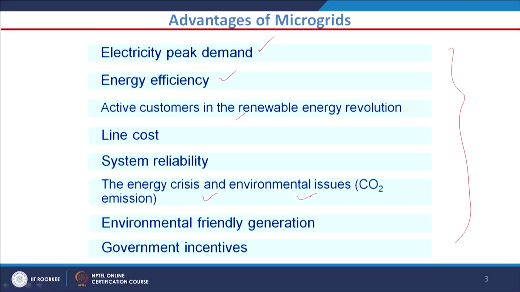These are the points why we are interested in renewables or smart grid systems. It is very important that the energy crisis and environmental issues like carbon dioxide emission are concerns, as our energy consumption comes mostly, about 60%, from coal based generation. So, obviously carbon dioxide emission is one concern. To reduce it, we have to generate more power from renewable sources like solar and wind systems.